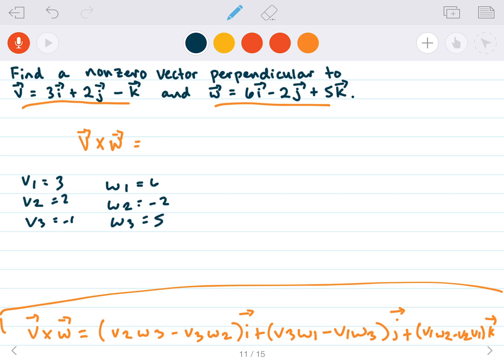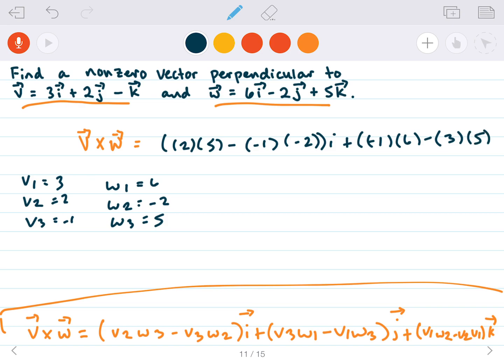So using the formula below, we have V2 times W3, so 2 times 5, minus V3 times W2, i, plus V3, -1, times W1 minus V1 times W3, j, plus V1, 3, W2, -2, minus 2 times 6.